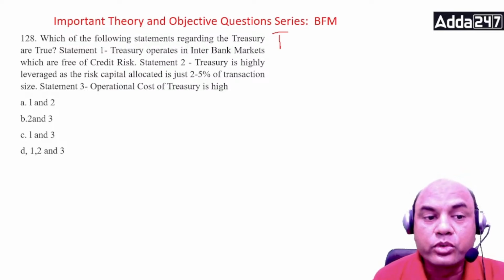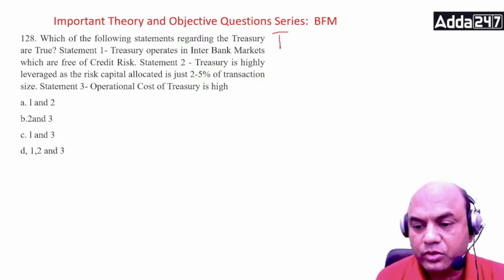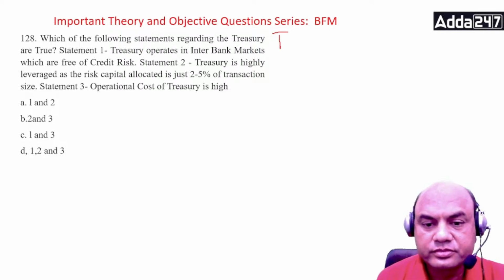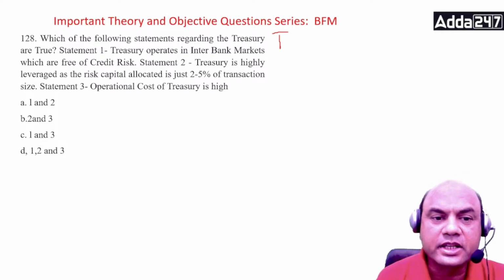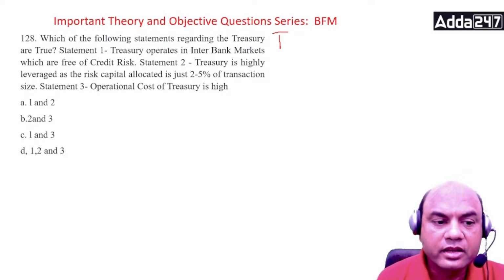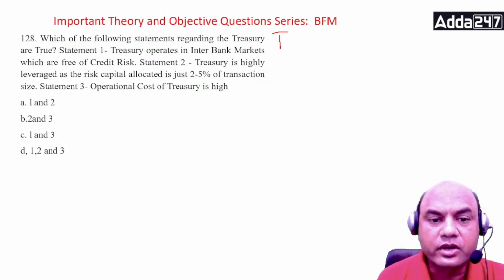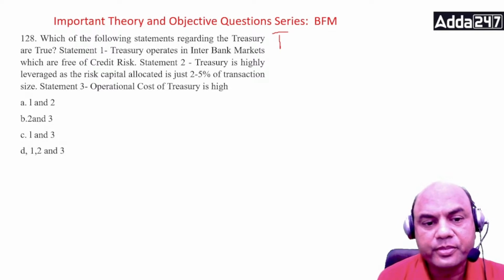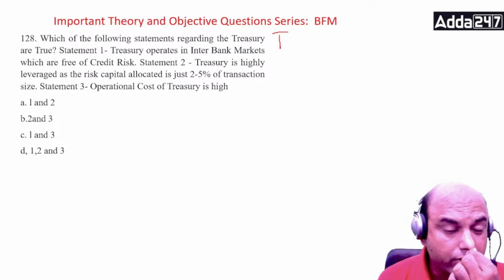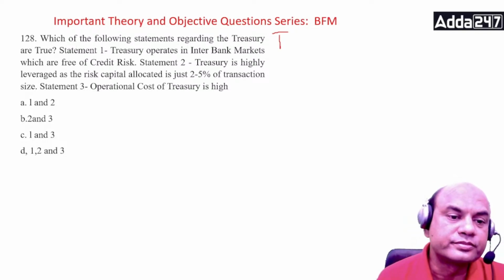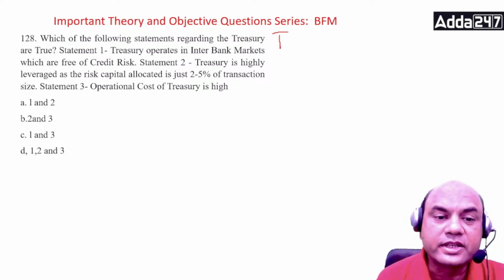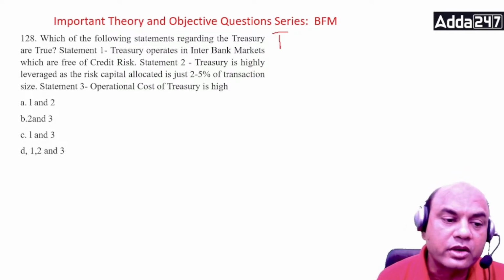Which of them is true? What do you think should be the true one here? The options are 1 and 2, 2 and 3, 1 and 3, and 1, 2 and 3, all of them. Many of us have the habit of choosing 1, 2 and 3, all of them.